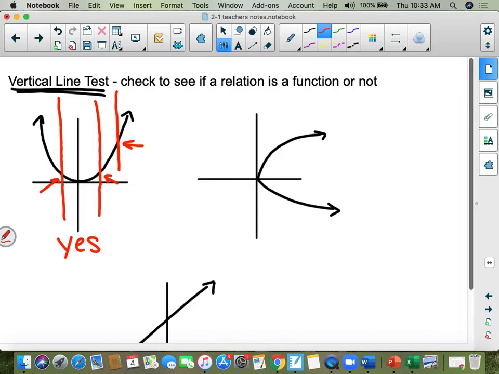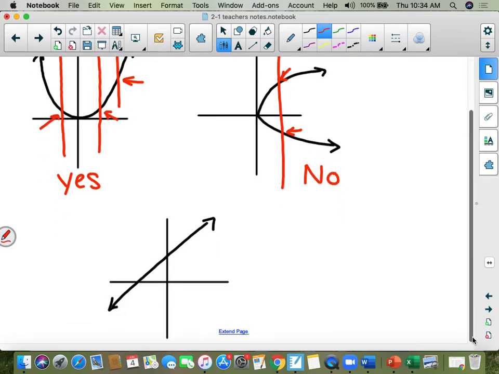Okay, let's check to see if a sideways parabola is a function. I draw a vertical line through it. When I draw a vertical line, it hit it once and twice. This is no, not a function. And this one down here, I draw a vertical line, I draw a vertical line. I'm checking it in different spots, and yes, it is a function.